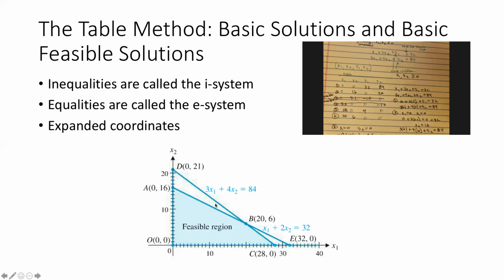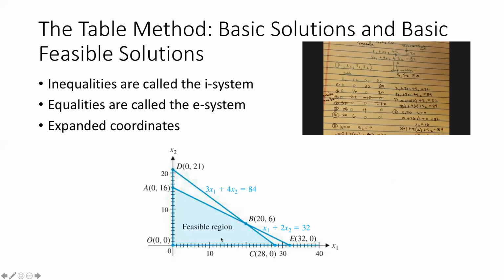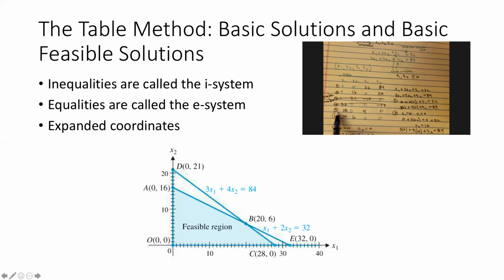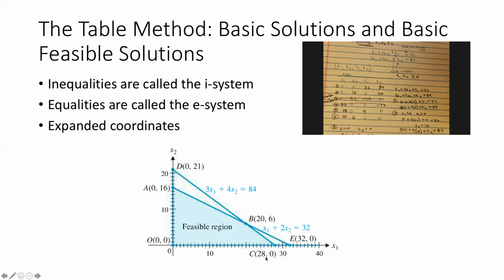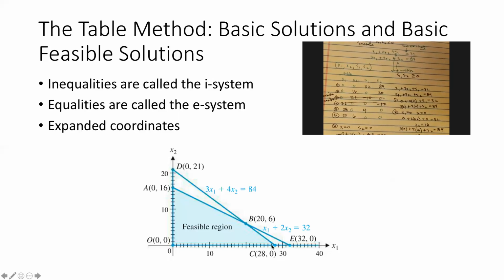It's outside of the feasible region. Kind of neat. And then you have 28 and 0. Well, that's point C, 28 and 0, which is a feasible solution. And then finally, you have the optimal solution, which is that 20 and 6, which is point B. Kind of neat that you can see it now with a graph too. Now, when we move to higher dimensions, it's harder to see that, right? Because basically 3 dimensions is as far as we'll go, and then you can't really do 4 dimensions right now. So at least in this class.